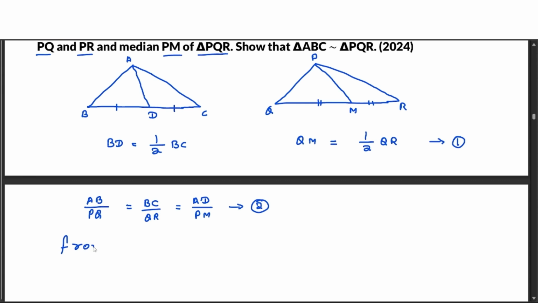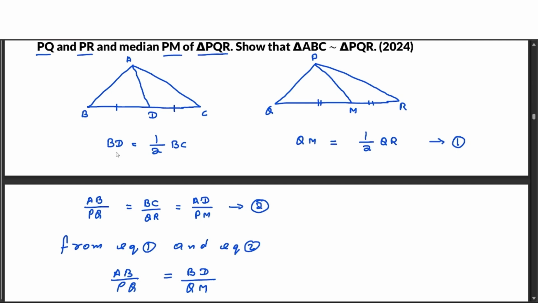From equation 1 and equation 2, can we say that here AB over PQ is equal to BD over QM, because BD is equal to 1/2 BC and QM is equal to 1/2 QR.